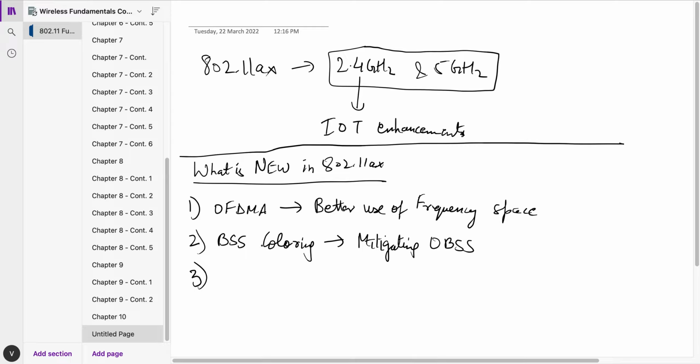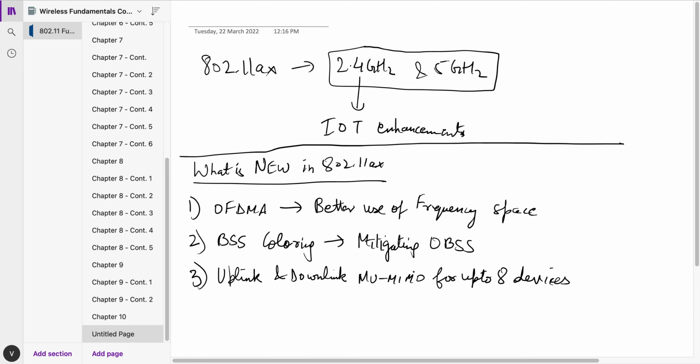The third feature that was brought in here was uplink and downlink multi-user MIMO for up to 8 devices.